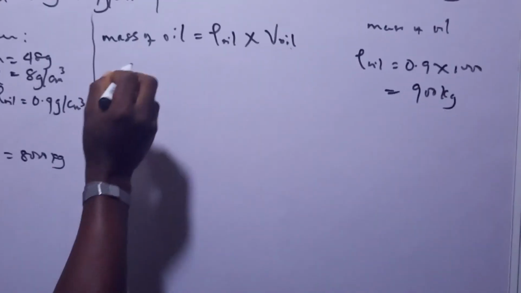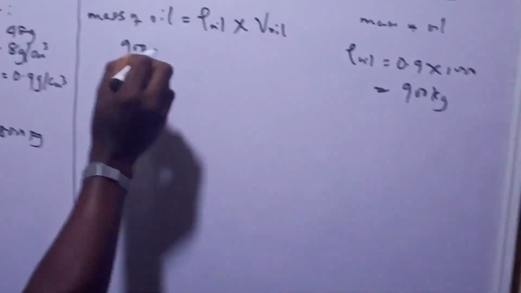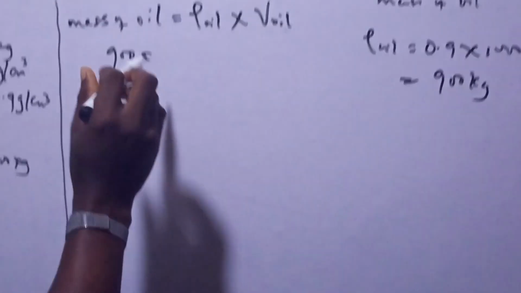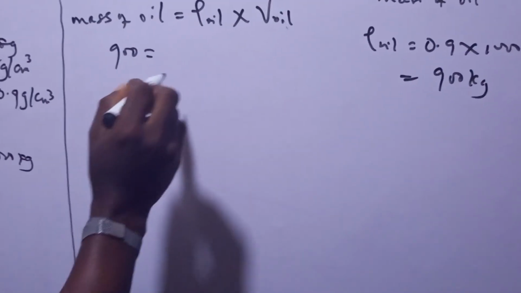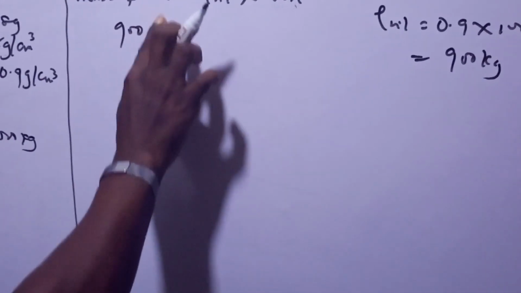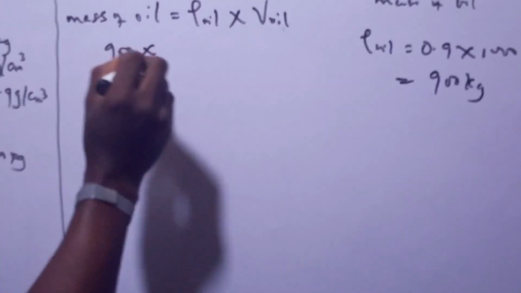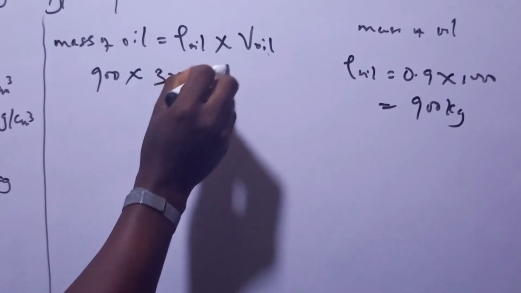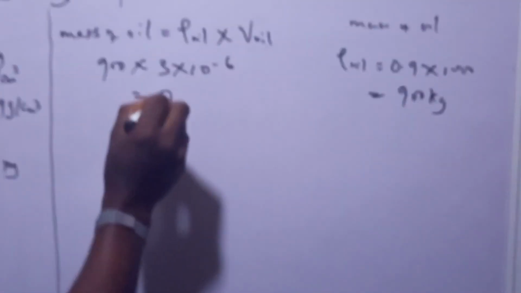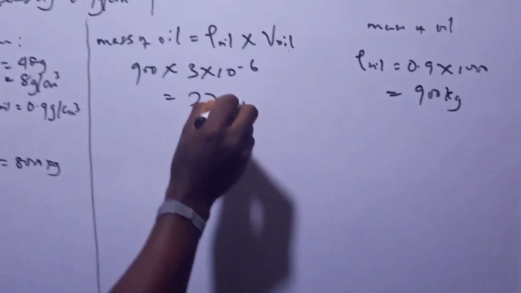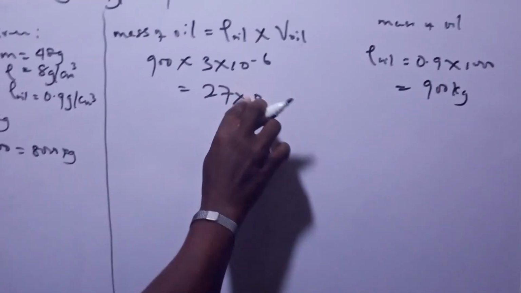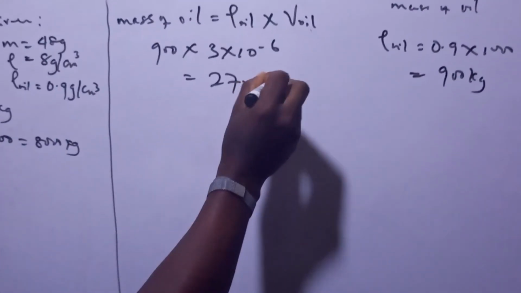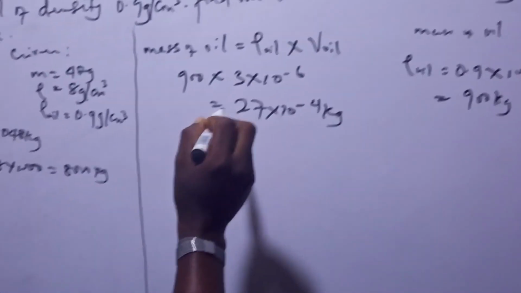Therefore, we have the mass of oil equal to the density of oil times the volume of oil, which is 900 times 3 times 10 to the power minus 6, equal to 27 times 10 to the power minus 4 kilogram.